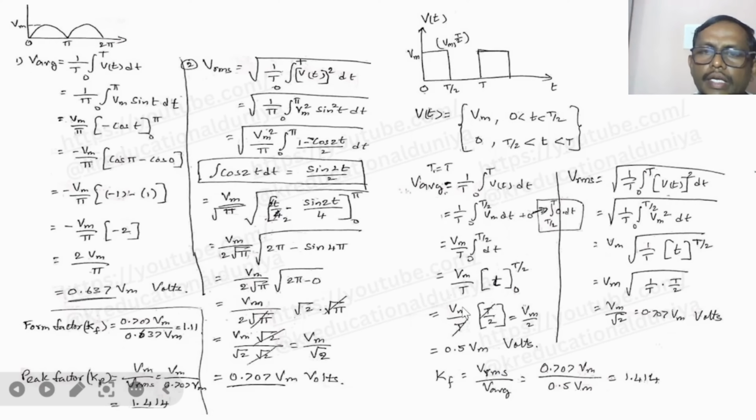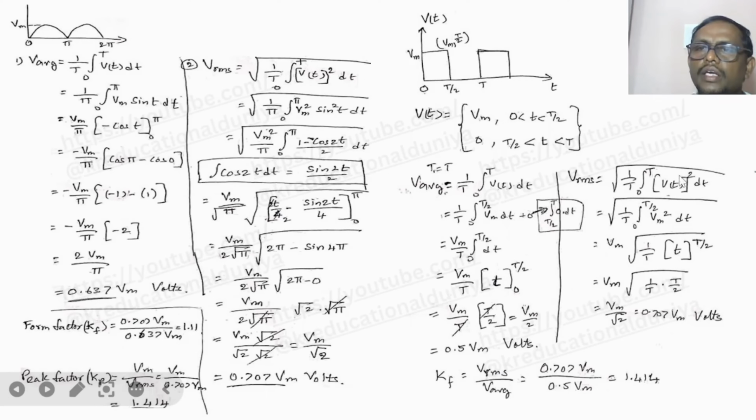So T will get cancelled, and finally we got Vm by 2. So here 1 by 2 is nothing but 0.5. So V average equal to 0.5 Vm volts.